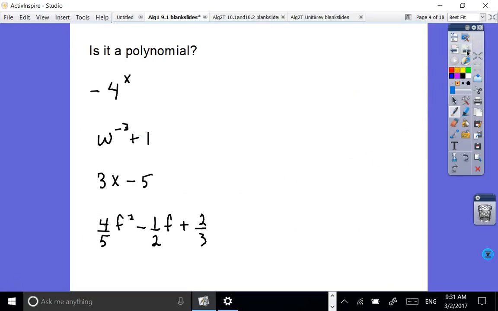Okay, so are these polynomials? So why would that one not be a polynomial? Not a plus or minus. No, not for that. What did we say the exponents have to be? They have to be whole numbers, right? So we can't have an x to a fraction, so that is a no, because the exponent is not a whole number.